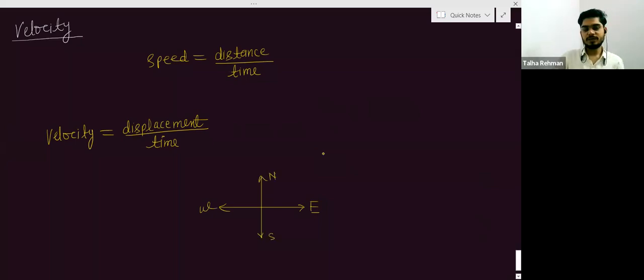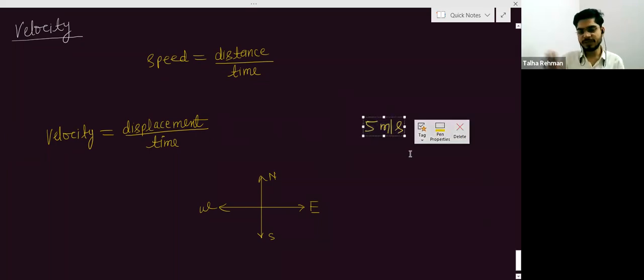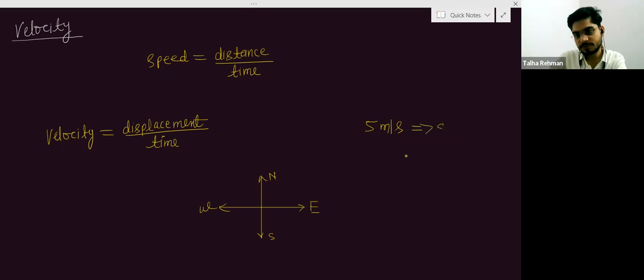If I am saying you are moving with 5 meter per second, is direction involved here or not? No direction involved here. So this will be your speed. See the difference between speed and velocity.